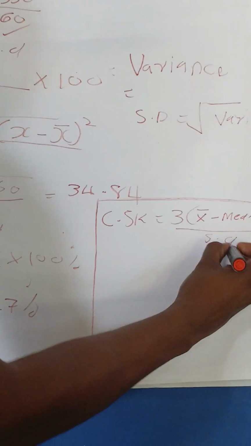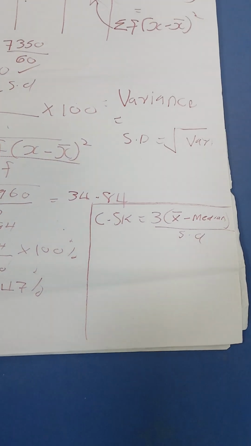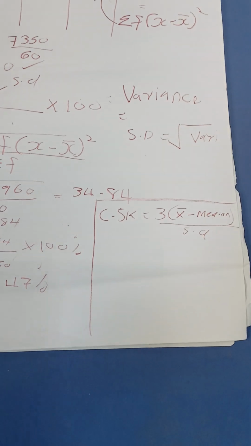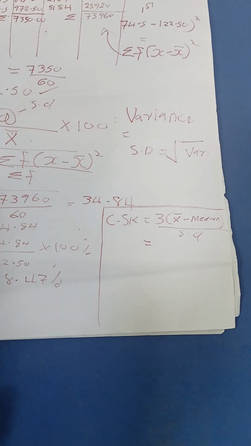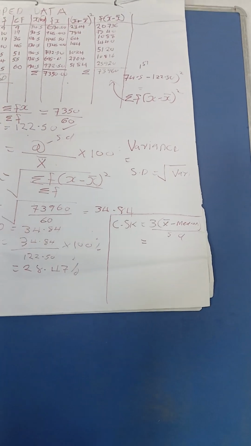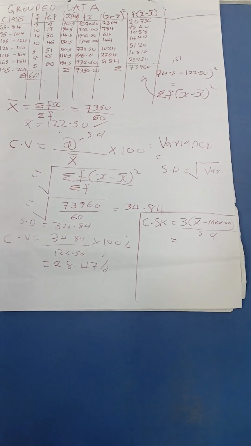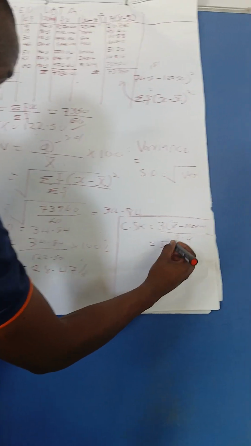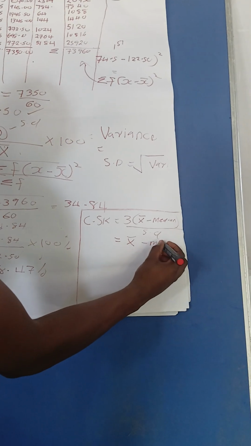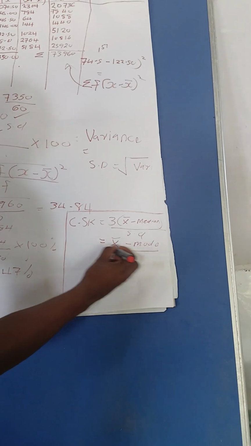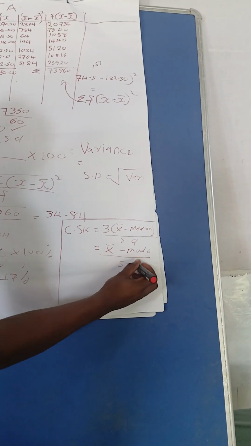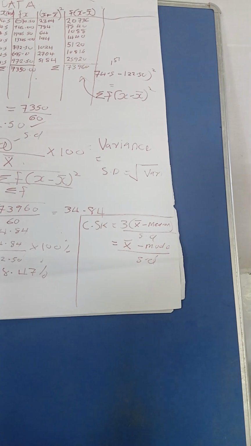Standard deviation. Divide by the standard deviation. Good. But if you are using the mode to calculate, this is Pearson's coefficient. It will be just the mean minus the mode, then you divide by the standard deviation.